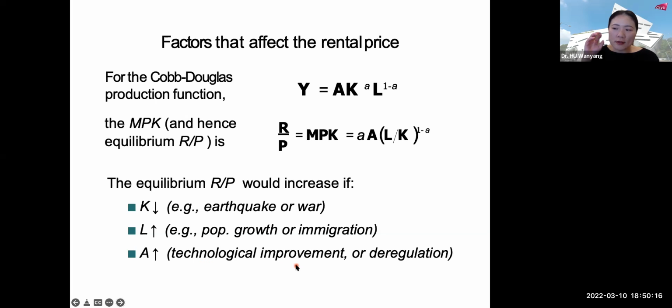So technological. Oh, by the way, I just want to make one minor note. When we have technological advancement, technological improvement, it means that for every given combination of K and L, we can produce more product, because now the whole production becomes more efficient. This is a fundamental change.